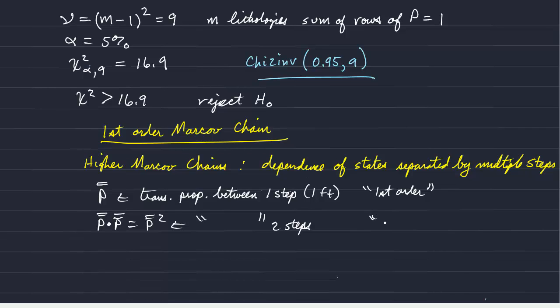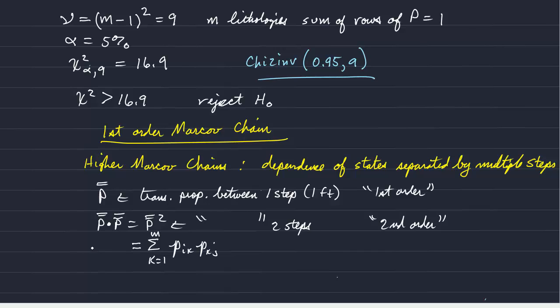And this would describe a second order Markov process. To write that out, this is equal to the sum from k equals 1 to m of little p i k little p k j.